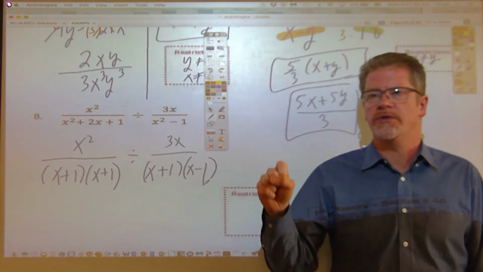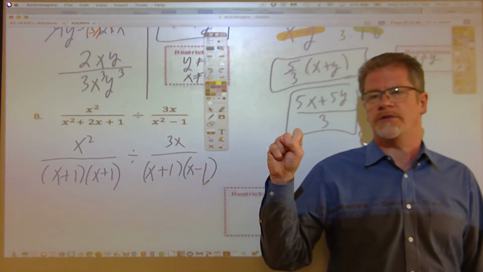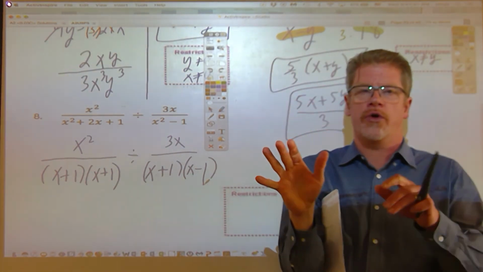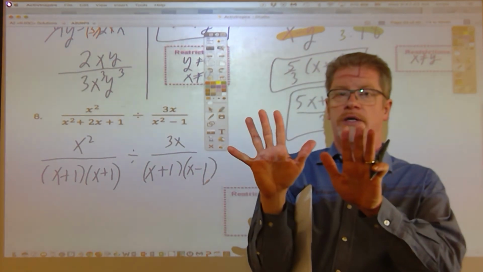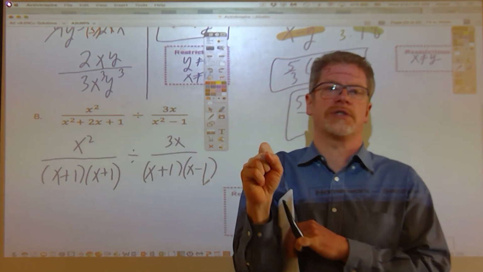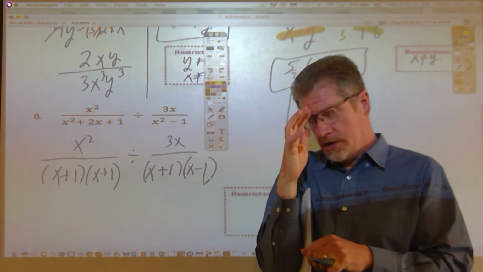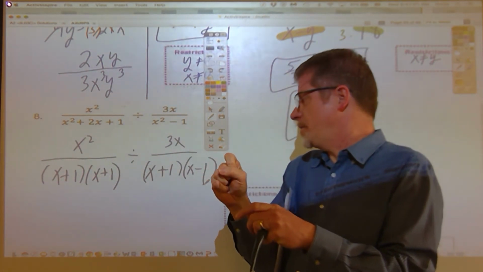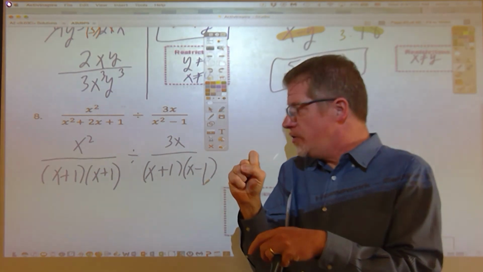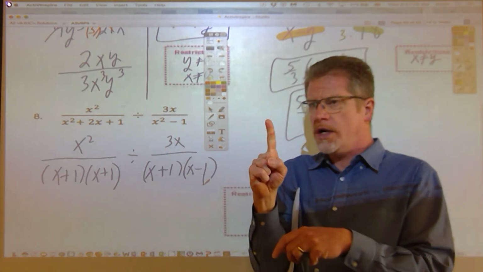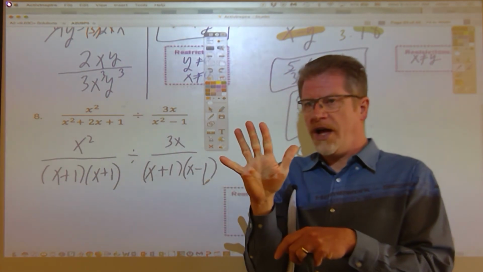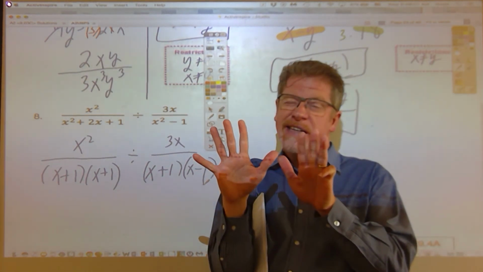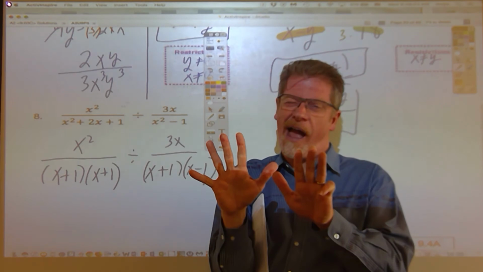Once again, let's go to a display of fingers, either 0, 1, 2, 3, 4, 5, or 9. It's one of those answers. How many restrictions are there? Just as a favor to you, I'm going to make it multiple choice. The answer is either 0 restrictions, 1, 2, 3, 4, 5, or 9. Okay?